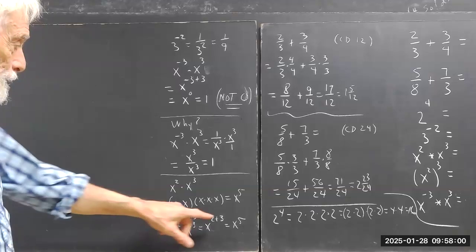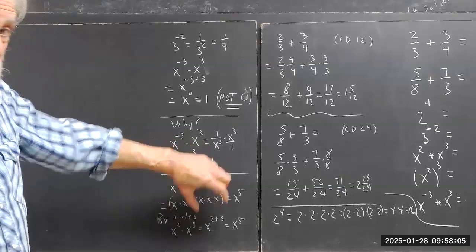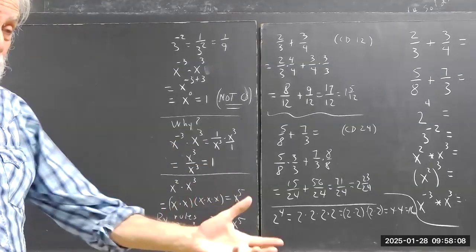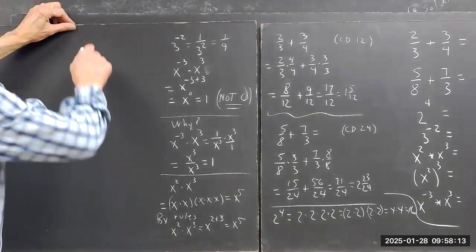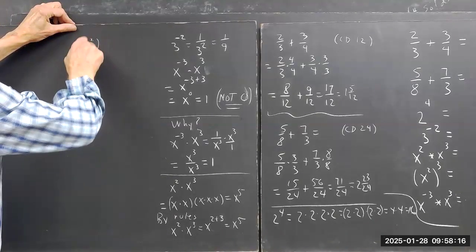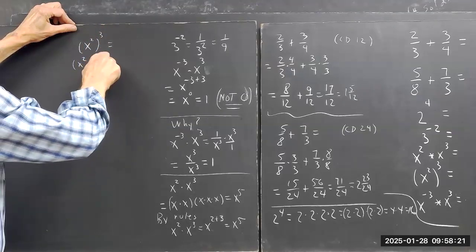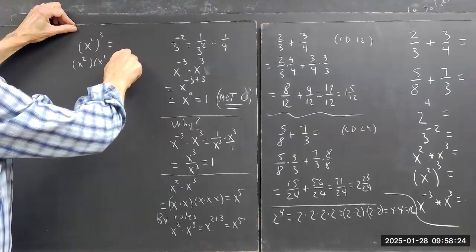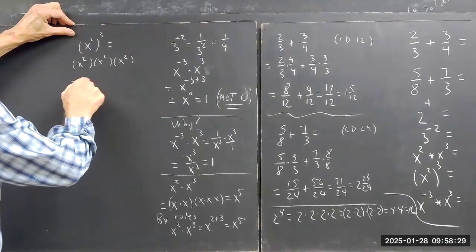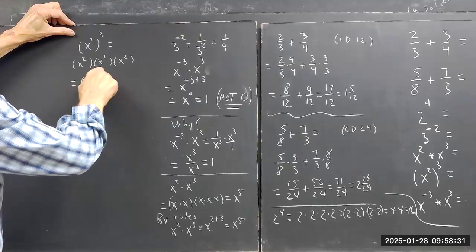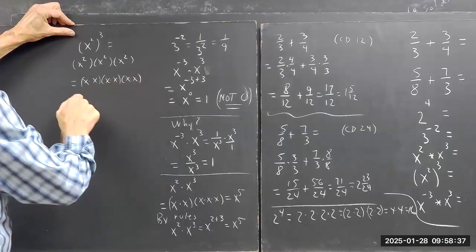But you can see what the pattern is very easily. Just how many of these are there, how many of these are there. That's how many you have in this term. And I think you understand that, because again, everybody got that. And then x squared cubed. Well, if we just do that by what the exponents say, we're going to have x squared times x squared times x squared, which equals x times x times x times x times x times x.